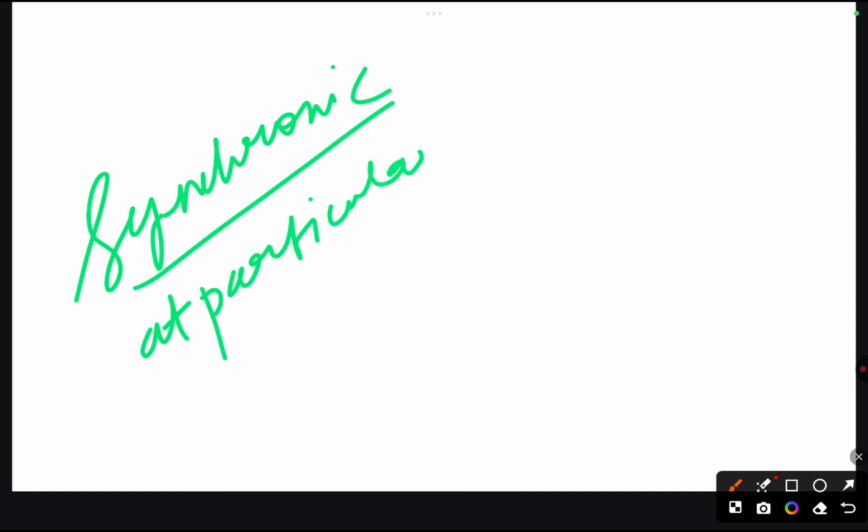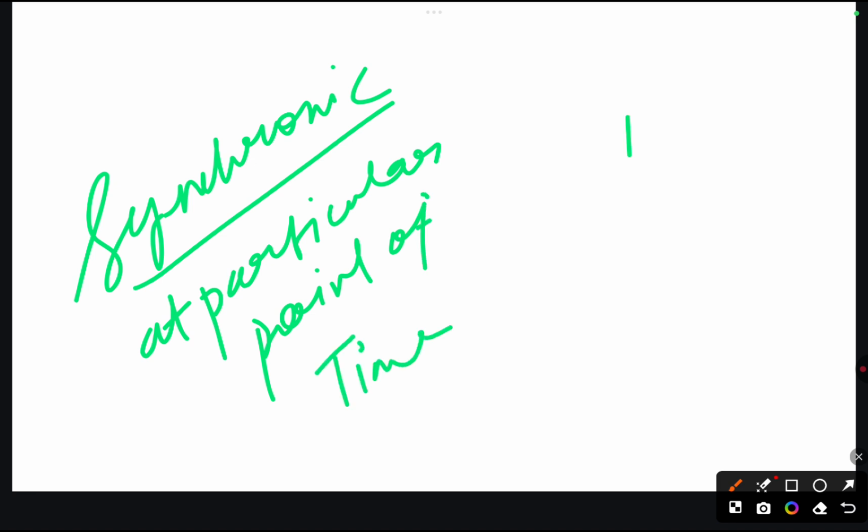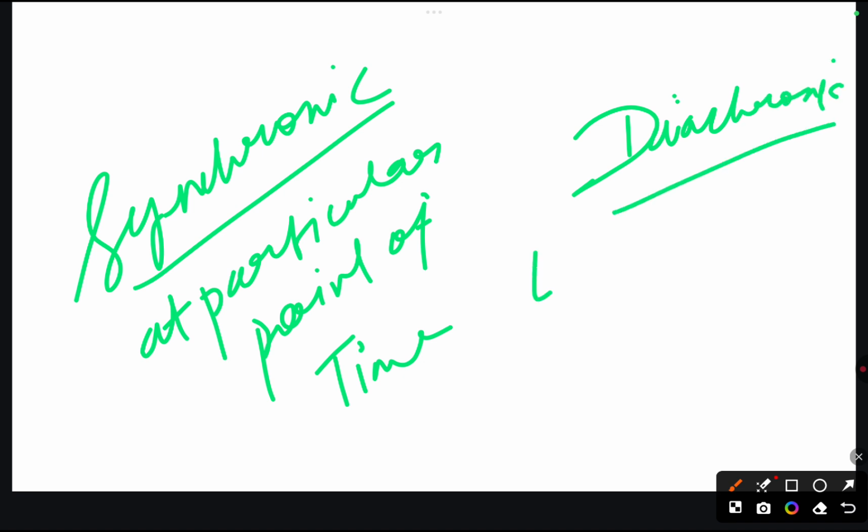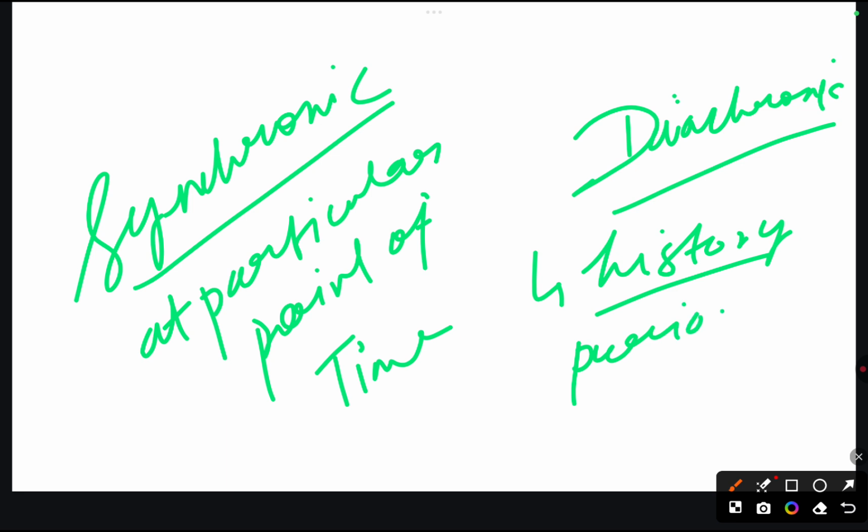Whereas in the diachronic approach, you study the function of a language through history. Means how the functions, the features, the words and vocabulary, and the grammar change through a period of time. So this is the basic difference and the basic meaning of synchronic and diachronic study of a language.